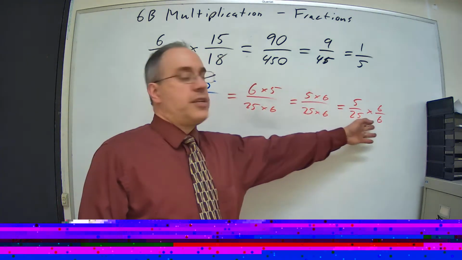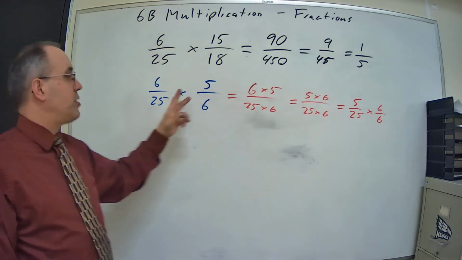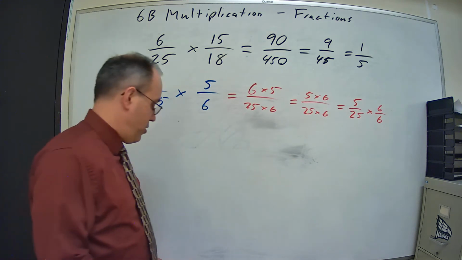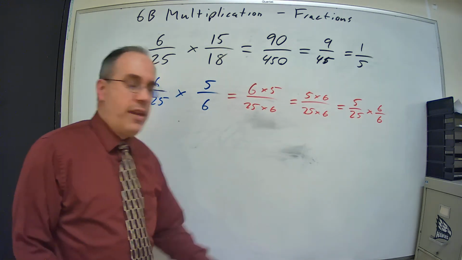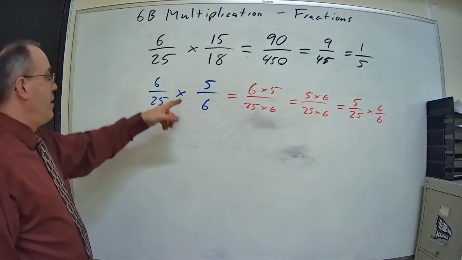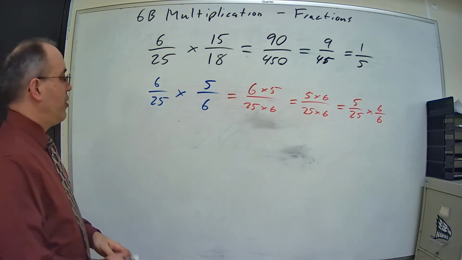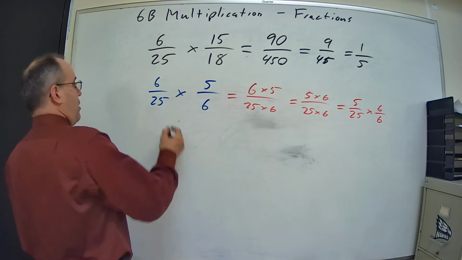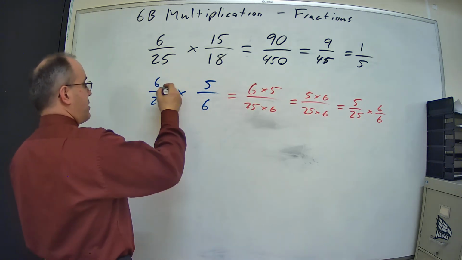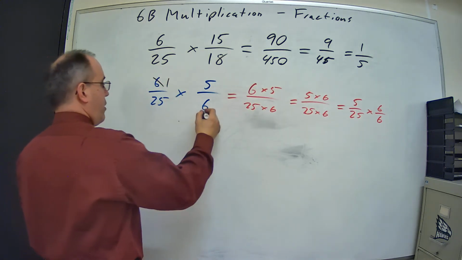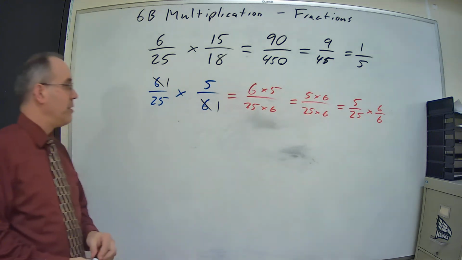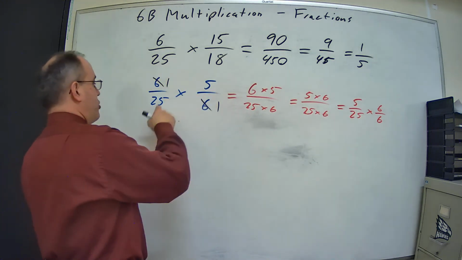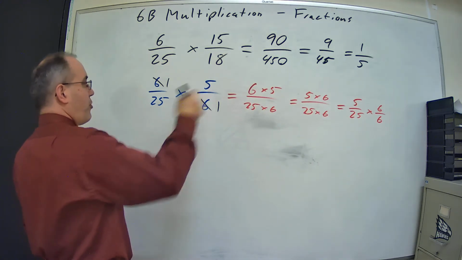Now I'm just using this red to show what we could do with some manipulation here, which puts us in a position to notice that at any time, once we're multiplying, we can say, well, wait a second, 6 divided by 6 gives me 1 and 1. I could cancel out those 6's. 5 and 25, well, those are both divisible by 5.